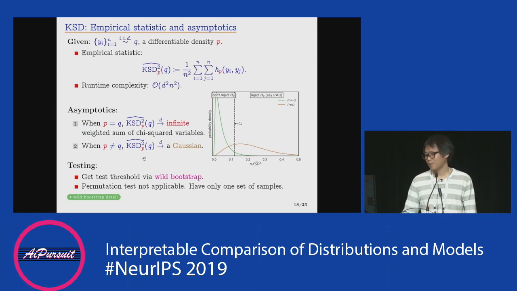In practice, we rely on something called wild bootstrapping, which is a way to simulate a null distribution by randomly introducing random weights into the sum here. I don't have time to go into these details, but it's not so difficult, so please check the paper or talk to me after.